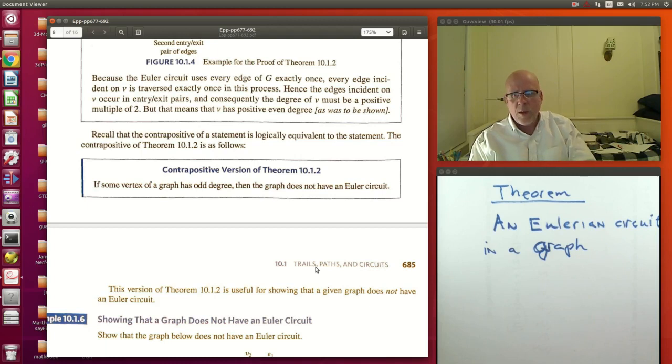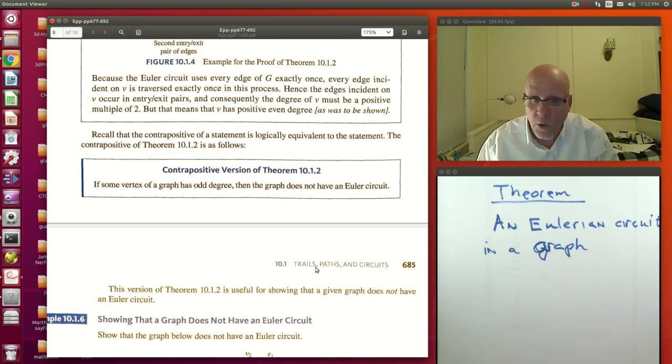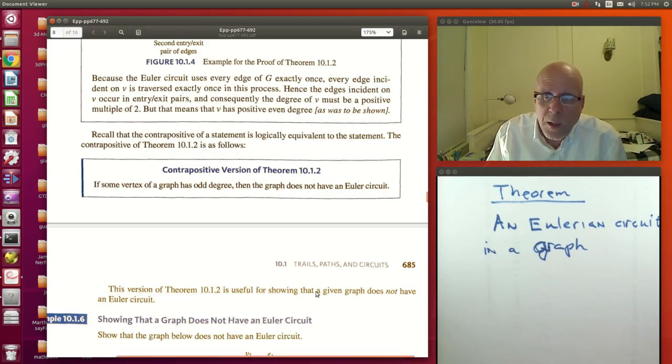Suppose you do have a graph that has all vertices of degree that are even. Is it possible to find an Euler circuit? And the answer is almost always. But there are exceptions. For instance, one important thing is the graph would need to be connected.